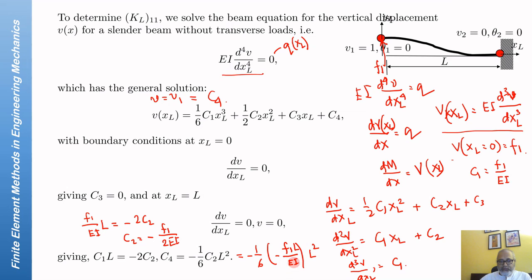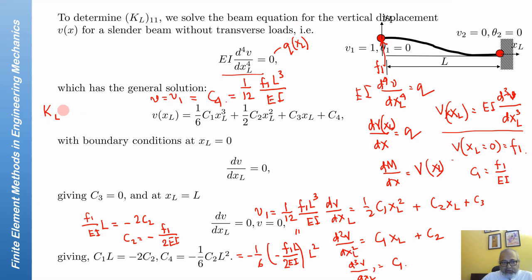So this is F1 by 2 EI L, and this is equal to 1/12 F1 L cube by EI, that is equal to your V1, which is equal to C4. So V1 is 1/12 F1 L cube by EI.